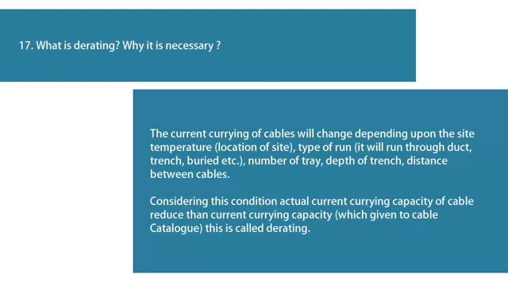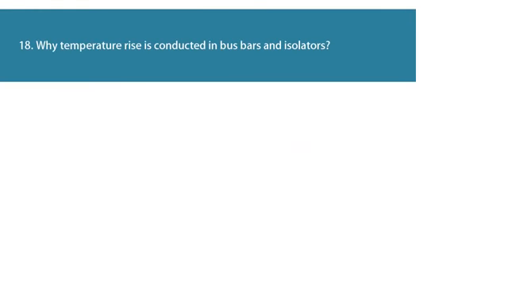Considering these conditions, the actual current carrying capacity of the cable is reduced compared to the current carrying capacity given in the cable catalog. This is called derating.